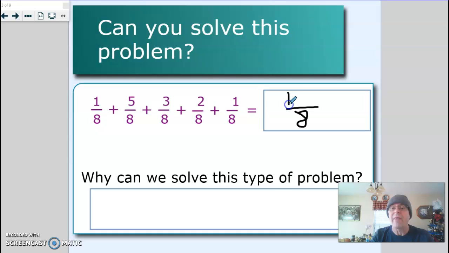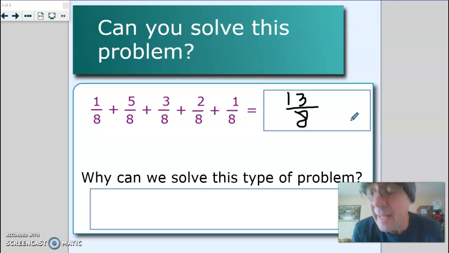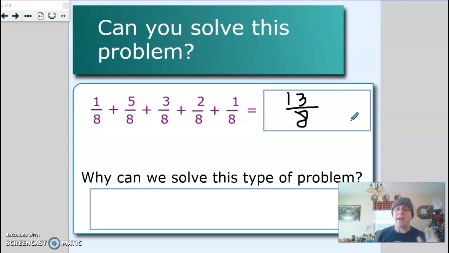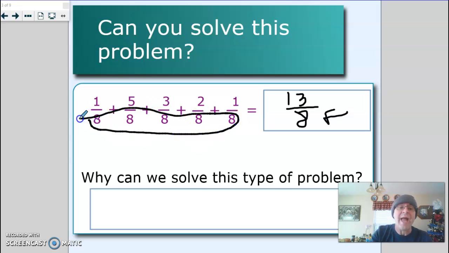While that is an improper fraction, 13/8 would be the answer. That's not finished, that's not reduced, but we can still do that addition because all of the denominators are the same. We do not add the denominators together when we add, and we don't subtract them when we subtract. They stay the same, okay?